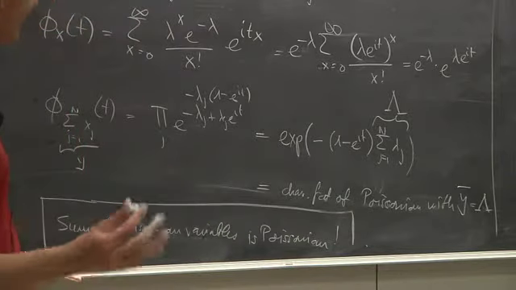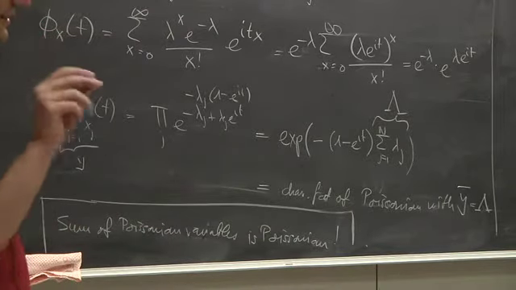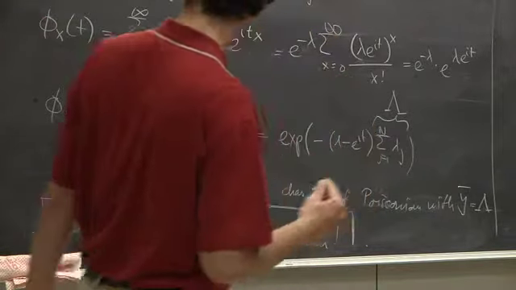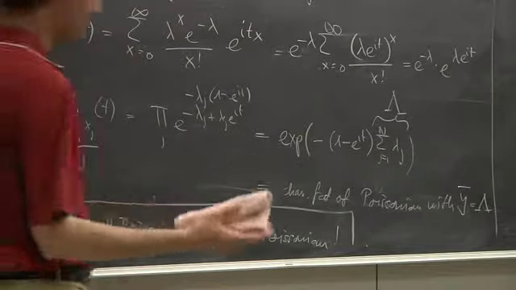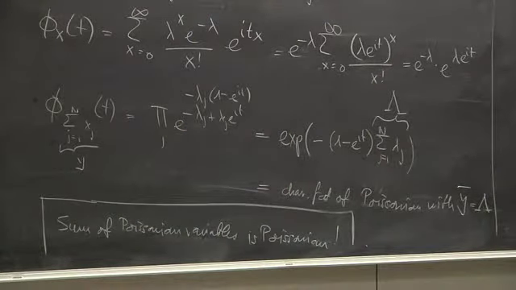So what is wrong is that I didn't tell you exactly the fine print of the central limit theorem. No, there are some conditions under which the central limit theorem holds, and we have to be careful about satisfying those conditions. Okay.